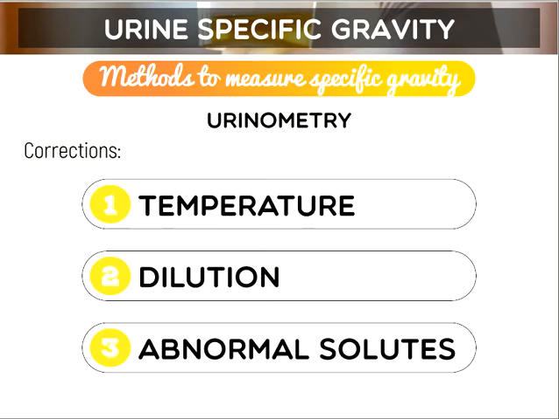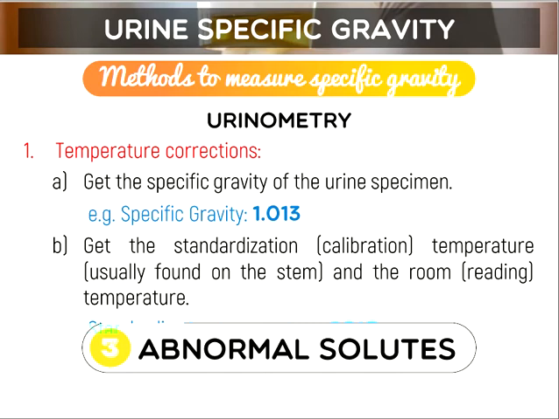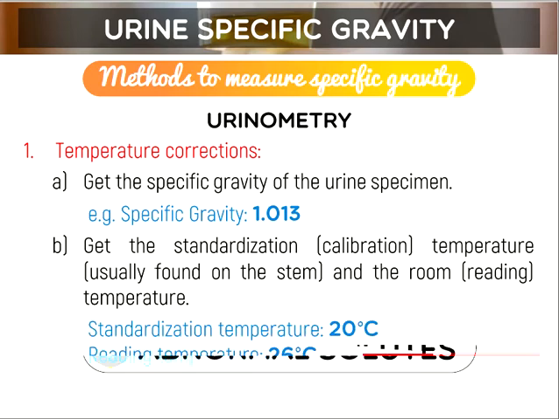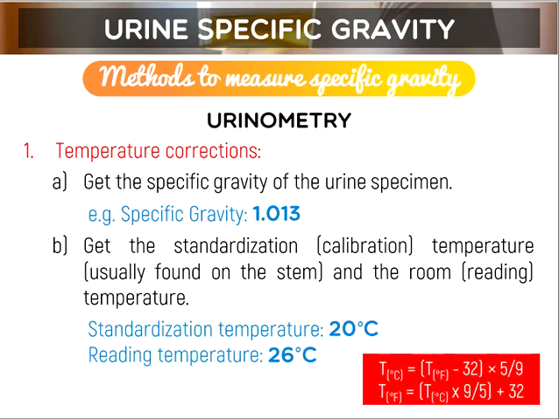So, the corrections are temperature, dilution, and abnormal solutes. For example, for the temperature correction, the SG of your specimen is 1.013. Get the standardization temperature, which you can see on the stem of your urinometer, and the room temperature reading.